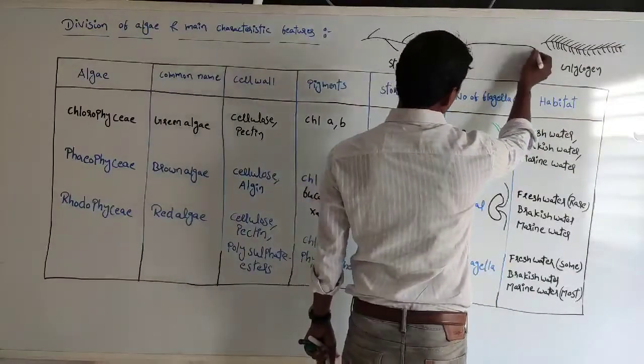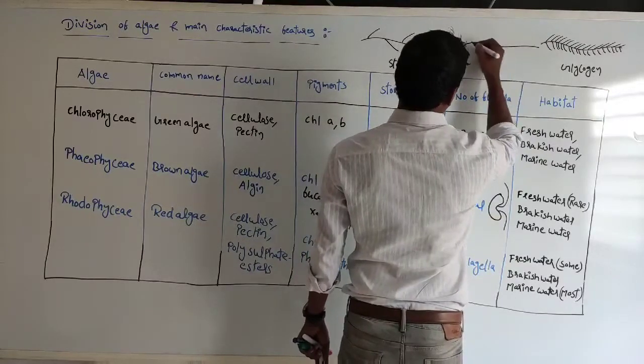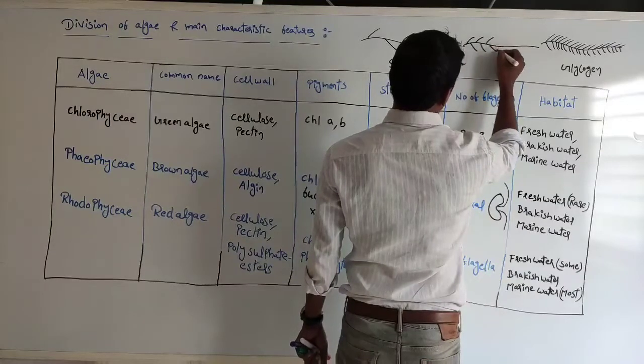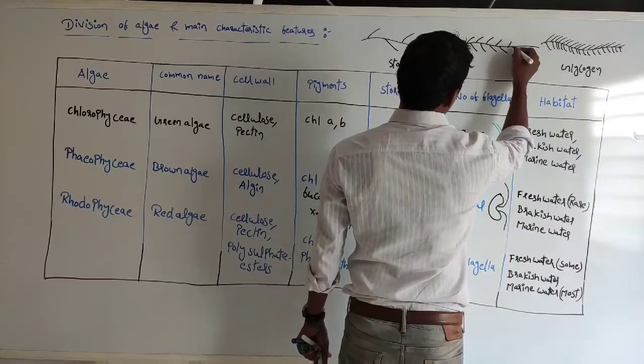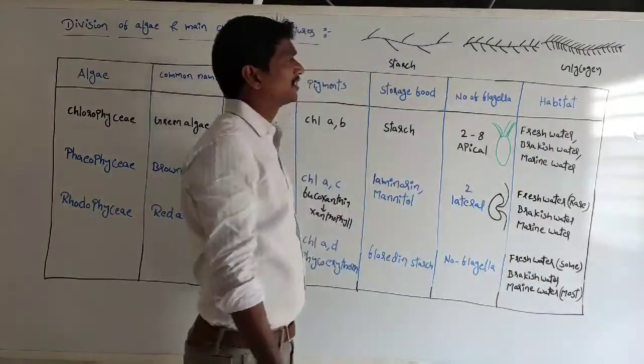Suppose this is the floridean starch main branch, and branches are also present, but the branches are in an intermediate state. Intermediate means not like starch and not like glycogen.